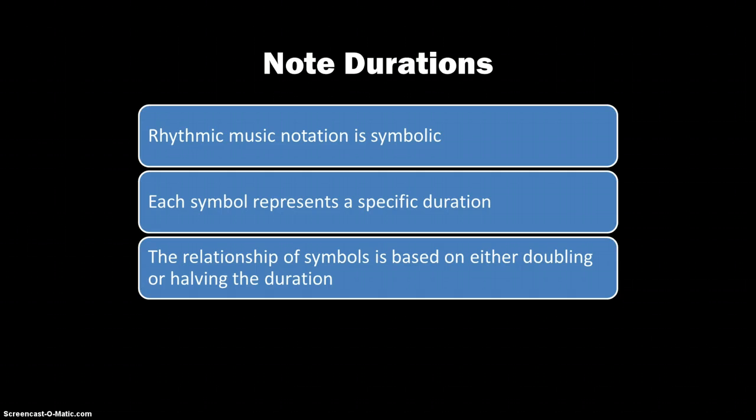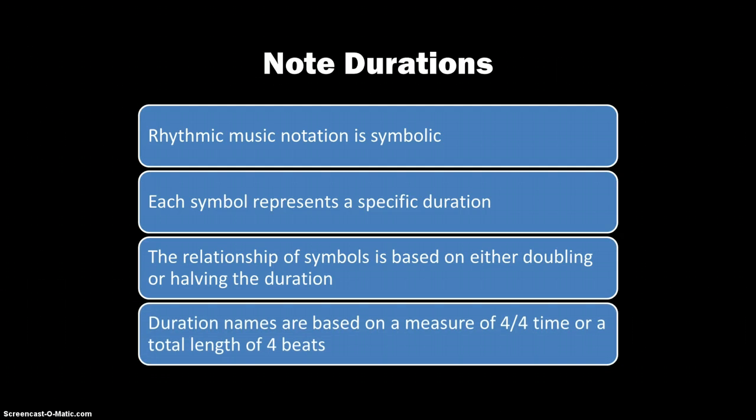So when we look at the different symbols, usually the next symbol will either be half the length or twice as long. And finally, they're based on a measure of 4/4 time, or a total length of 4 beats.